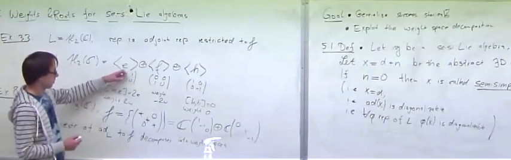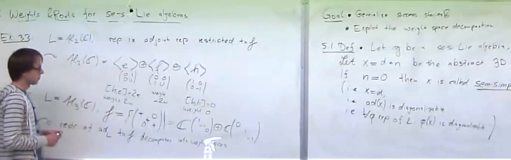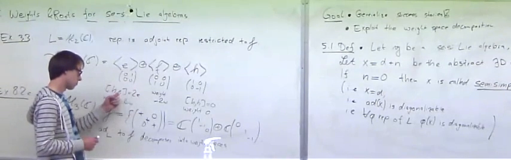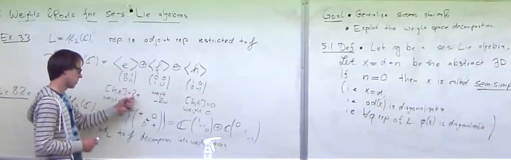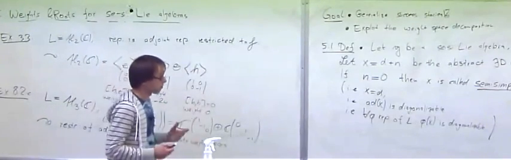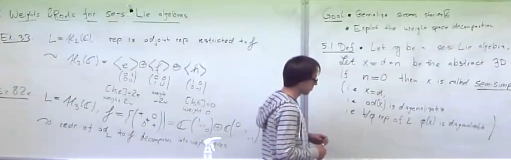For example, E, F, and H here, this was a common eigenbasis for all elements of the Lie algebra H. E is an eigenvector of eigenvalue 2, F of minus 2, and so on. So there are two problems.